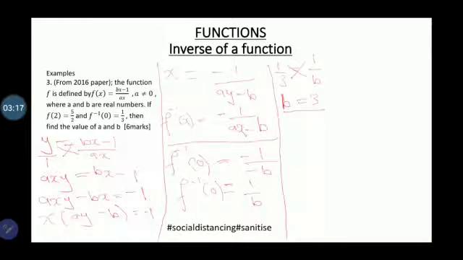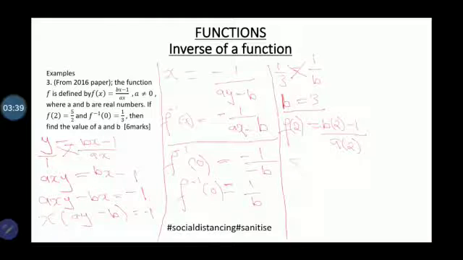So now we have the value of b. Let's use our f of 2 to help us find a. So f of 2 is equal to, if we substitute in the given equation, b times 2 minus 1 over a times 2. So f of 2 has been given to us as 5 over 2.